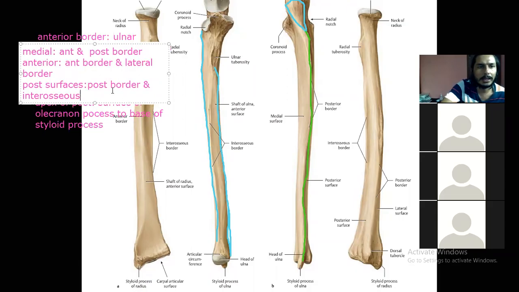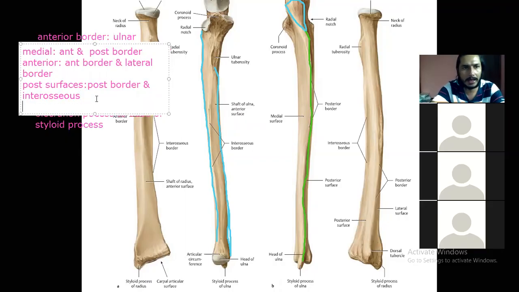And one more thing in the posterior surface actually. The posterior surface is divided into two regions, the upper and the lower region, by the oblique line or oblique ridge.